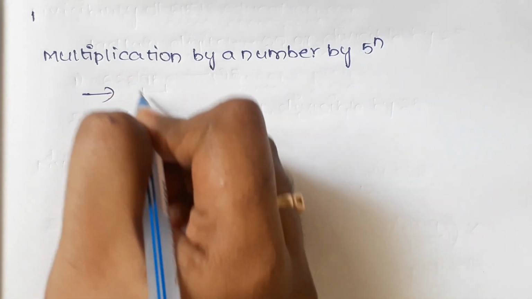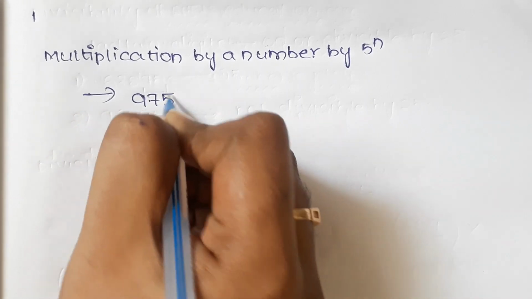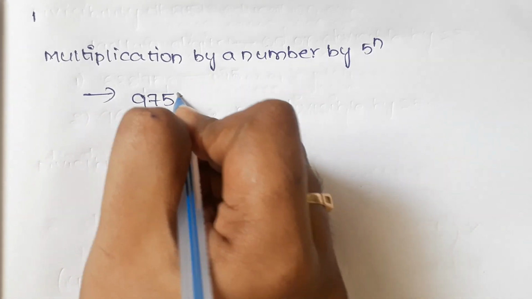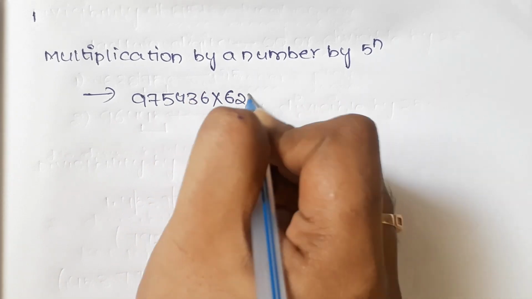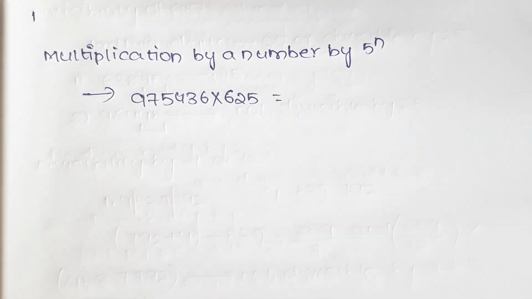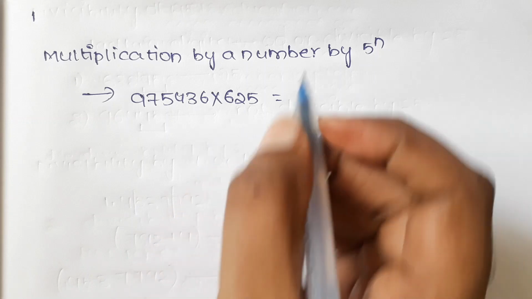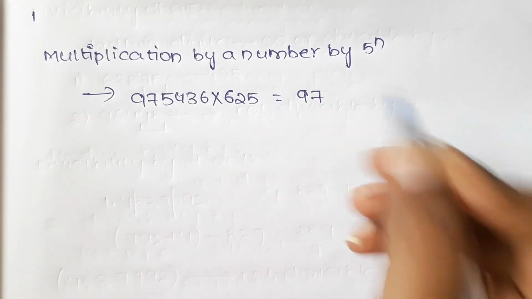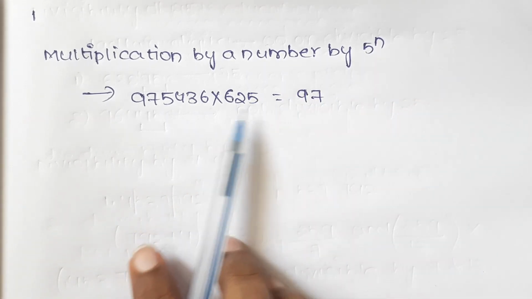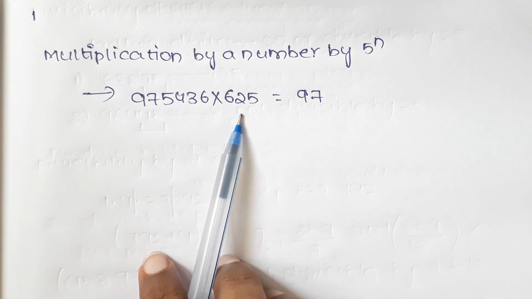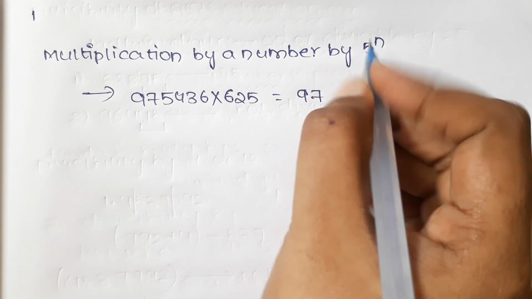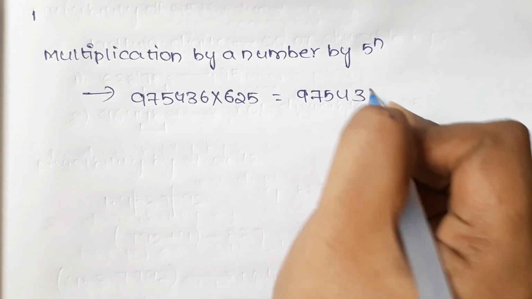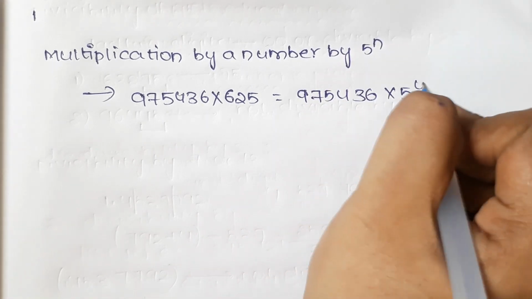Here is the example, that is 975436 into 625. Here we know that 625 is nothing but 5 power 4. Here the given number should be written in the form of 5 power n, that is 975436 into 5 power 4.